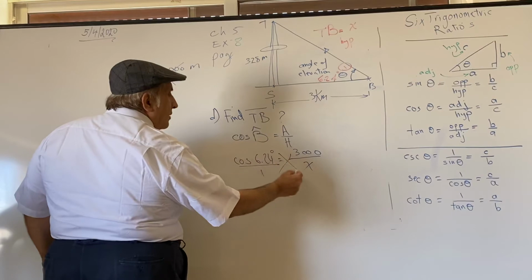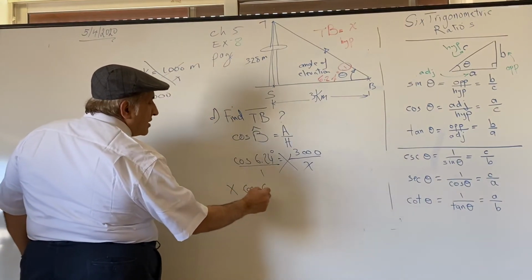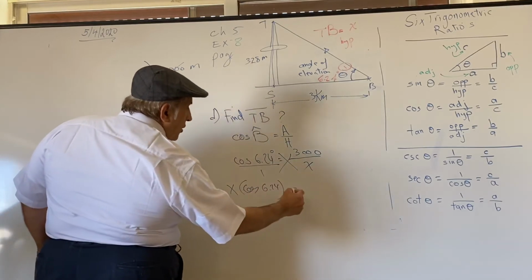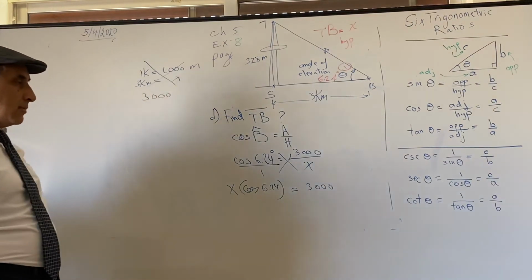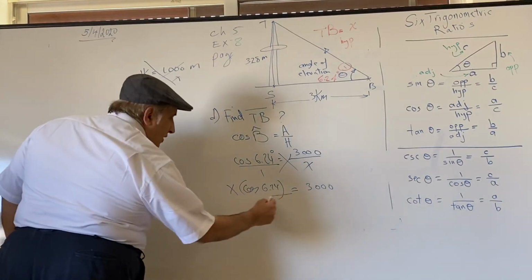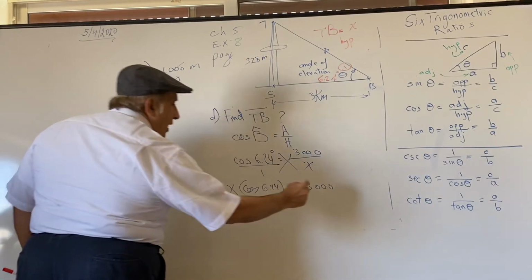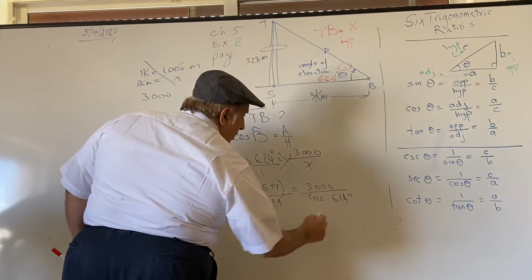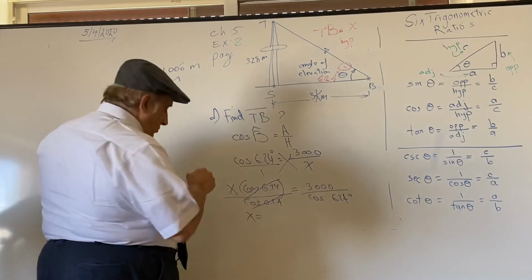Cross multiply. So X times cosine 6.24 equals 3,000. What do I do next? Divide both sides by cosine 6.24. Don't forget degrees. Bye-bye, this will cancel out.